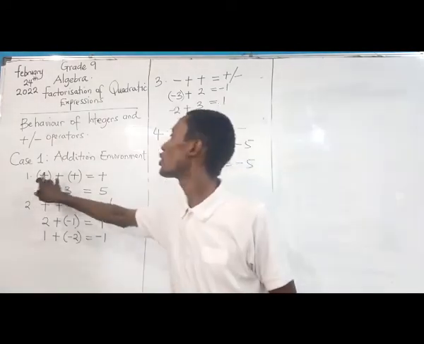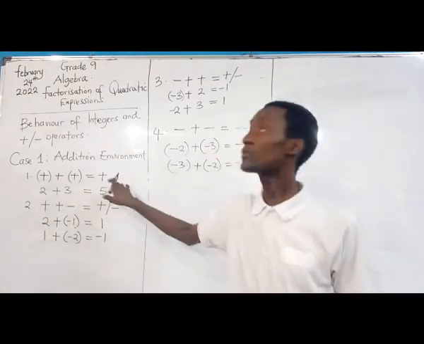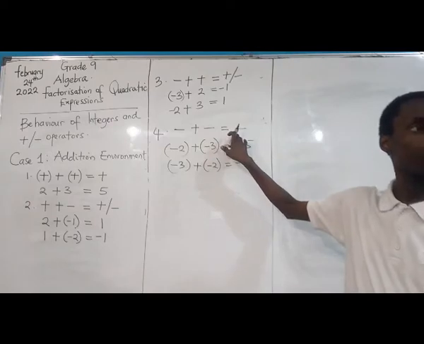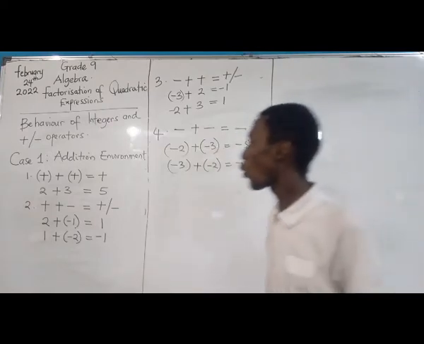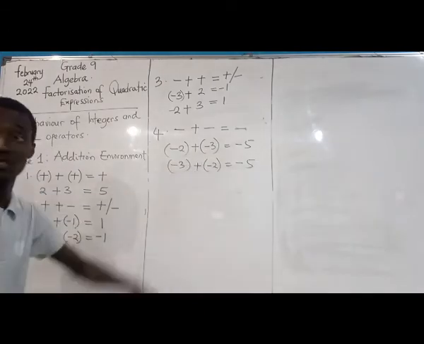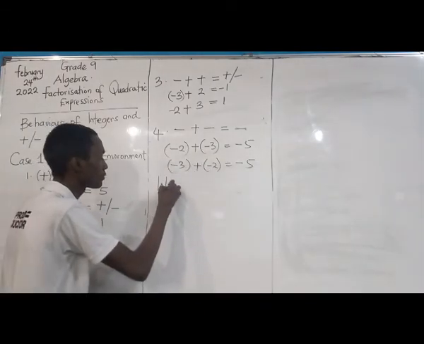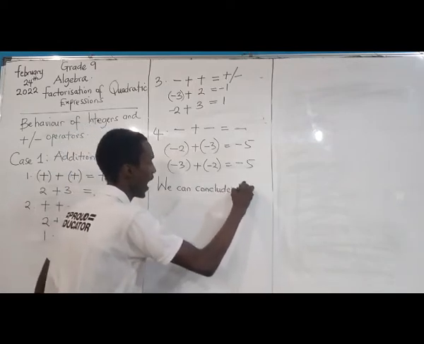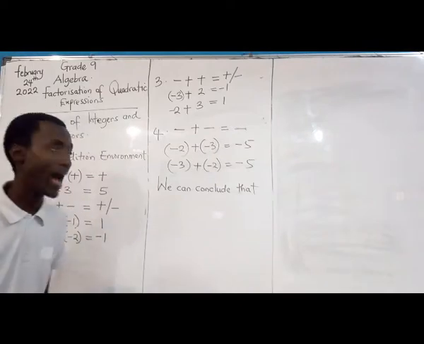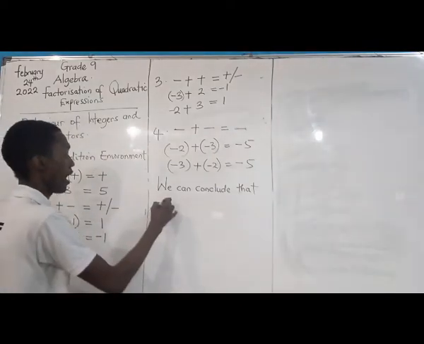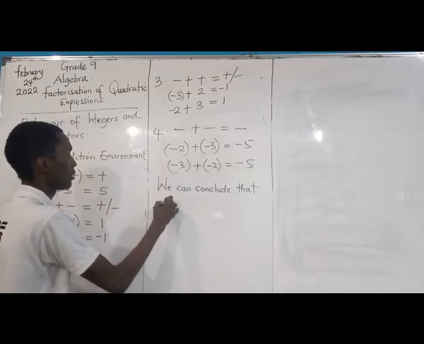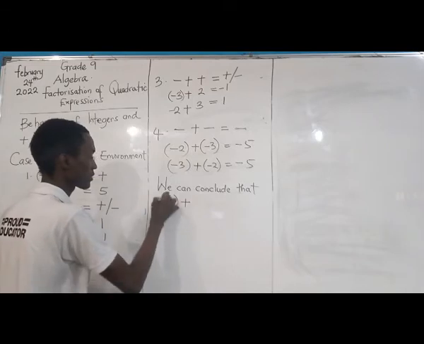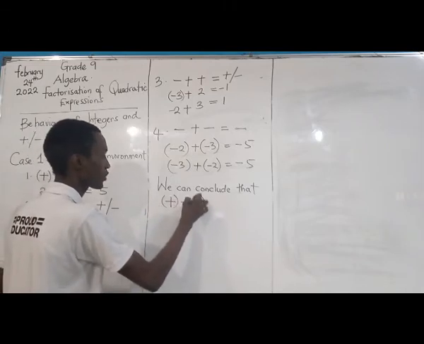Here you are owing, big debt. So this will be what? Negative. So what is the conclusion we can draw from all of this? We can conclude that positive plus positive, maybe I should case it.